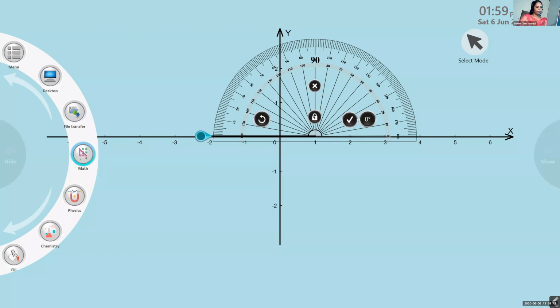And at one, you should draw a right angle, 90 degree, a perpendicular line.